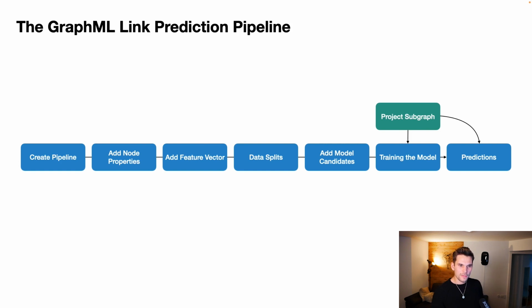So in the prediction step, we have 2 options. We could either stream the predicted relationships, or we could also write them back into the graph, and we could also set some parameters there about the threshold to use and so on. And yeah, we will see this during the implementation.